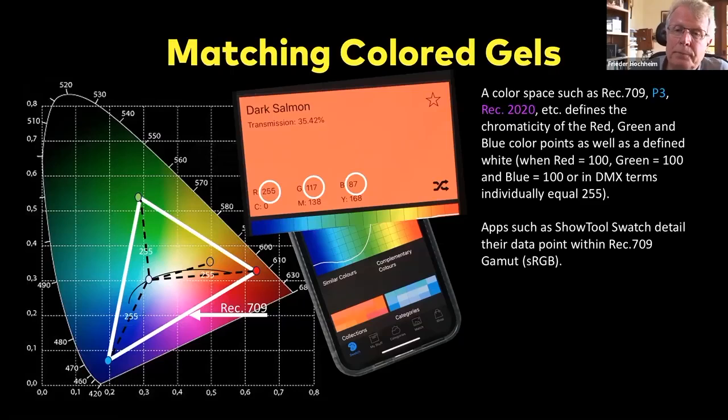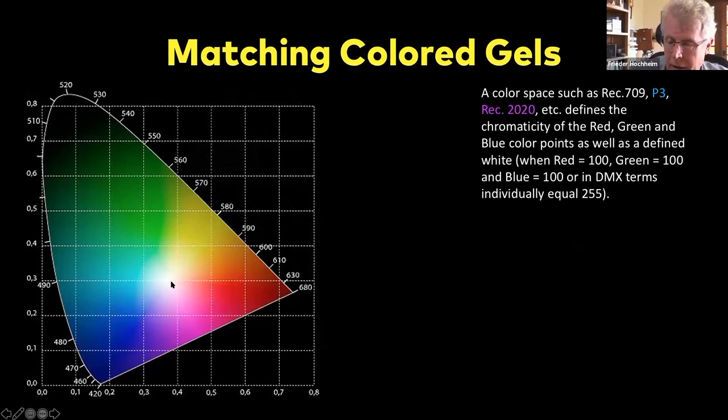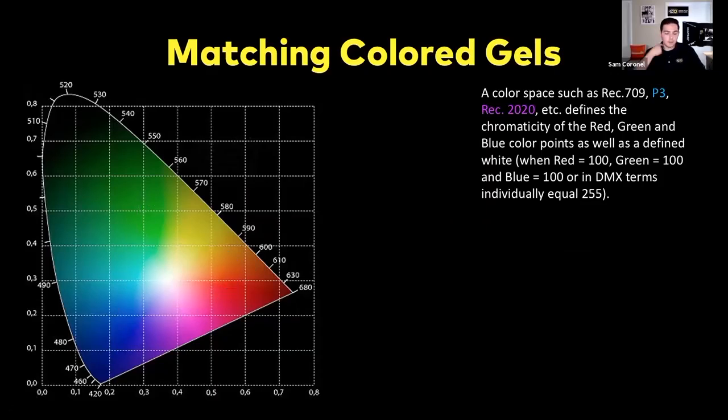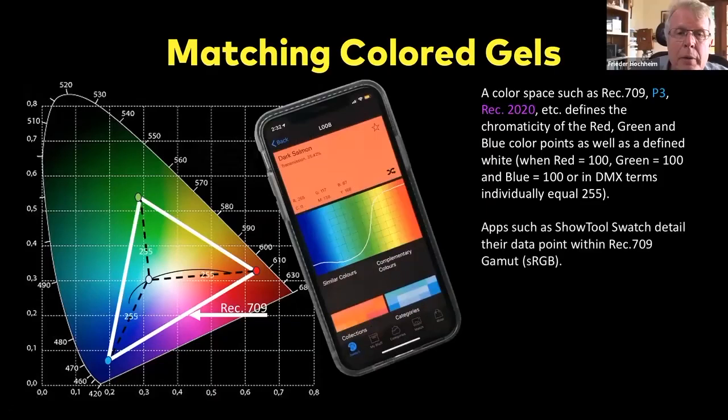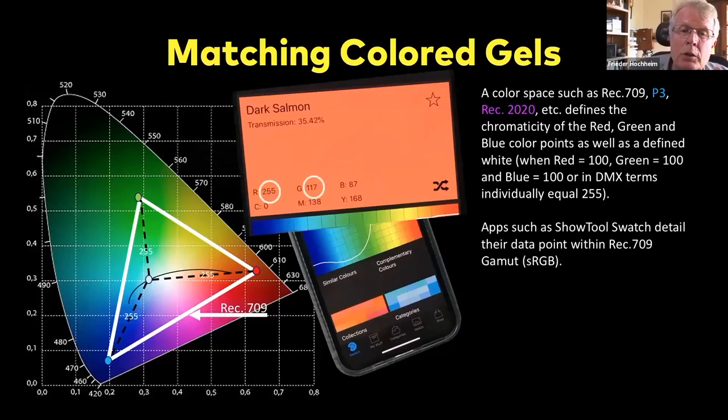Now, when you're using an app like this, so this is a show tool swatch, you have to ask, these numbers have to be relevant to a gamut. What gamut are they in? So, I moved my cursor and it jumped ahead of myself here. We figured out that they are in a Rec 709 gamut. And there are two ways of looking at it.